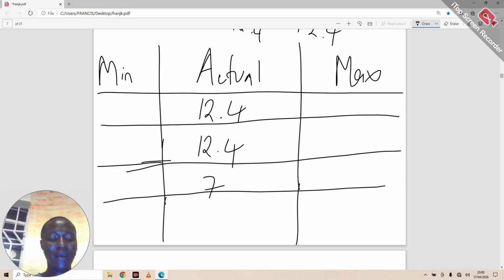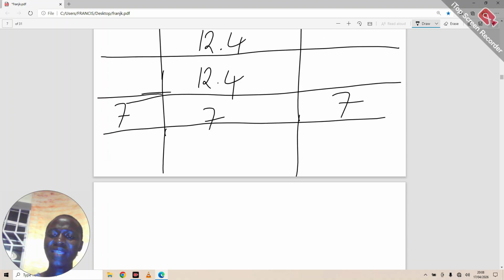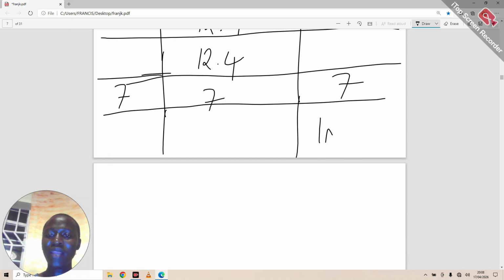The first is the word nearest, and the second is the word exactly. Exactly has been used in the height of the particular box. So that means the maximum will remain the same, and the minimum will remain the same. Now, to the nearest millimeter is the same as to the nearest 1 millimeter.